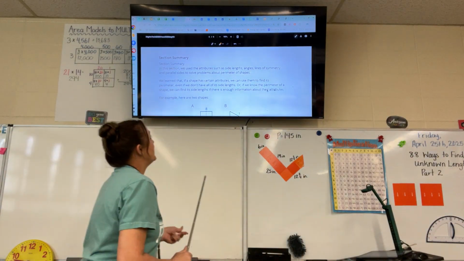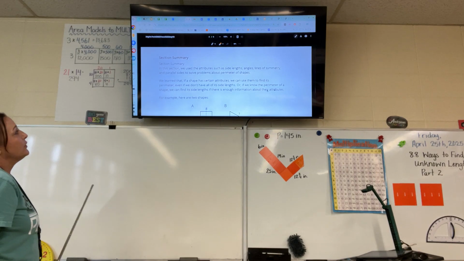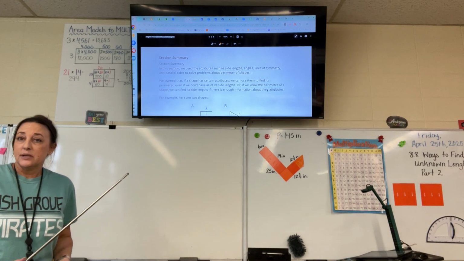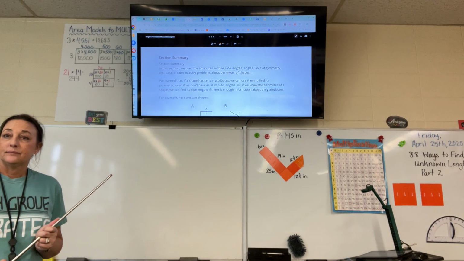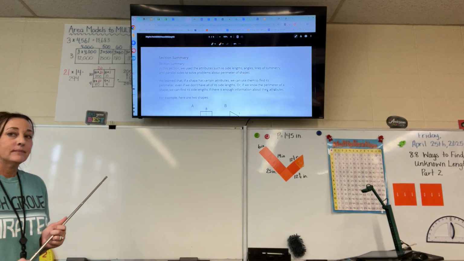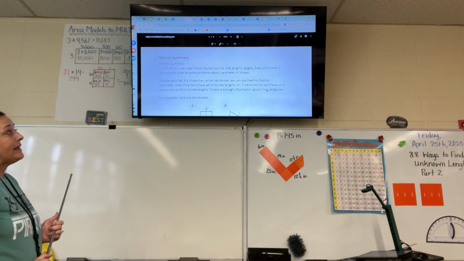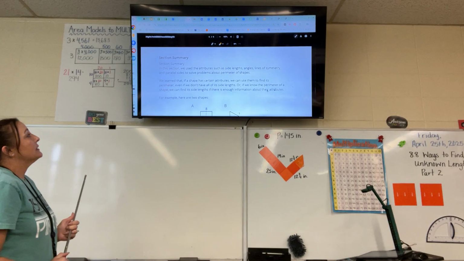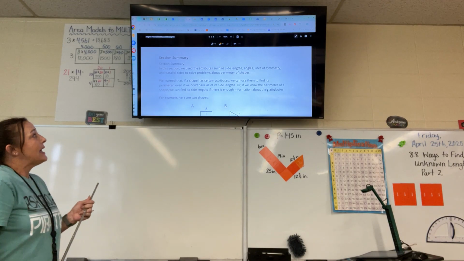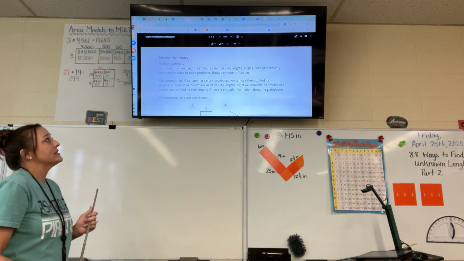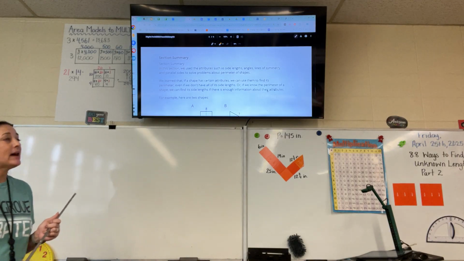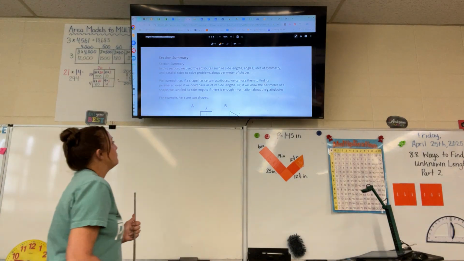In this section, we used the attributes such as side lengths, angles, lines of symmetry, and parallel sides to solve problems about perimeter of shapes.